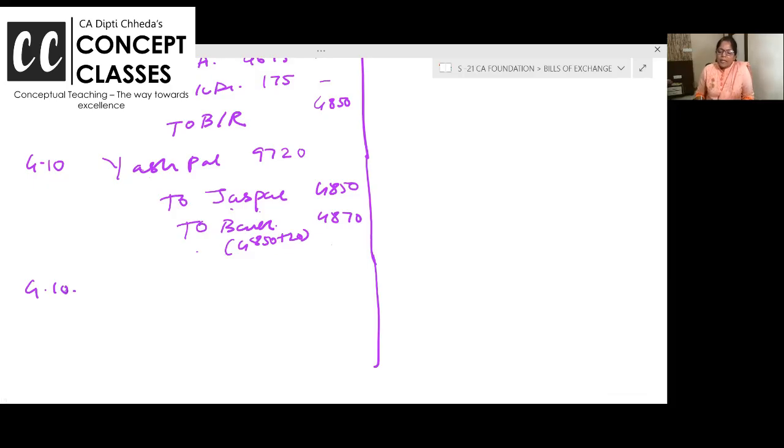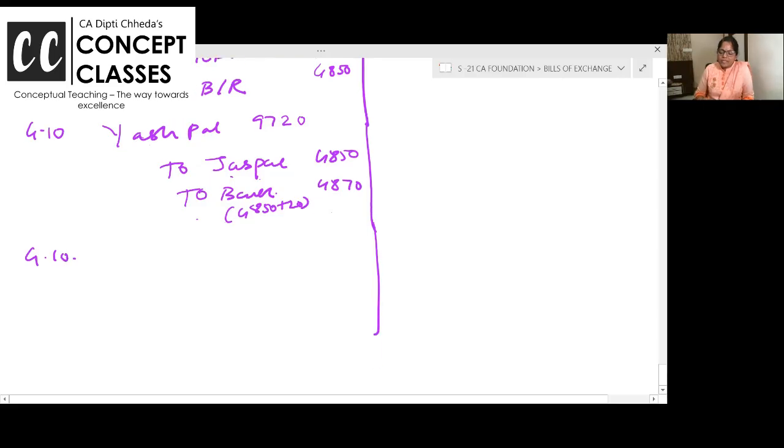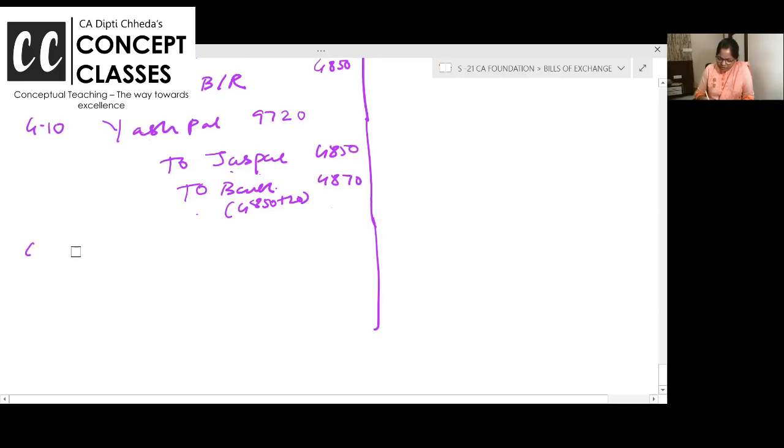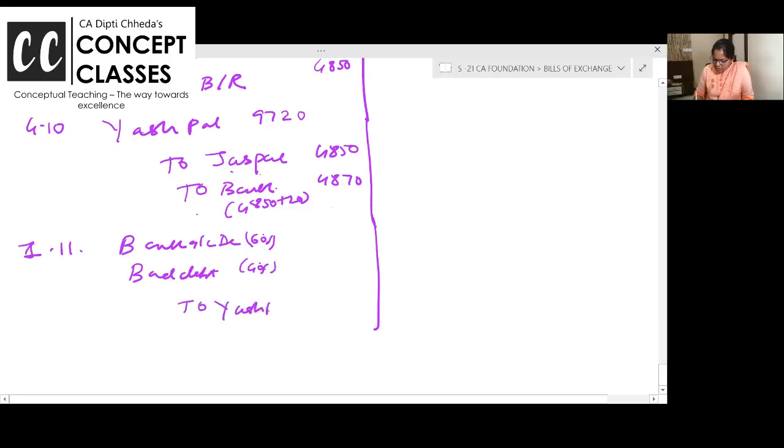Yeah. Yashpal is declared insolvent and only 60 paisa is recovered on 1st of November. ठीक है, wait till 1st of November. Bank account debit 60%. Bad debt debit 40% to Yashpal.